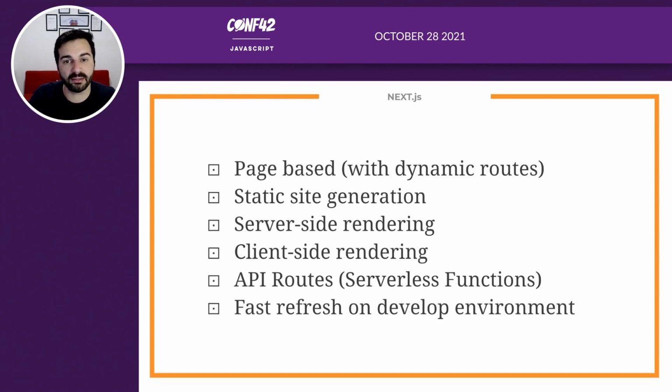Another cool thing that Next.js offers is that we can work with the different types of rendering at the page level. So we can have some pages that are generated at build time using static site generation, and other pages that can be generated using server-side rendering or client-side rendering, all living in the same project, in the same website.